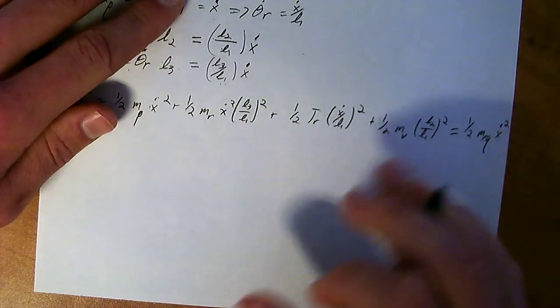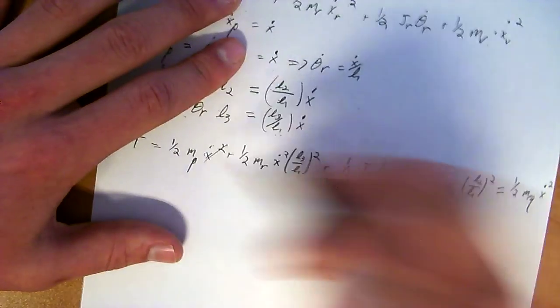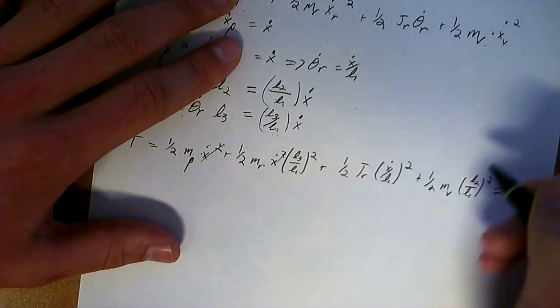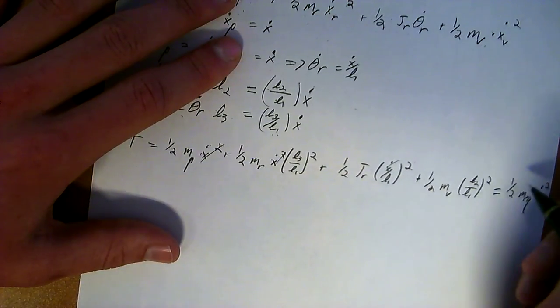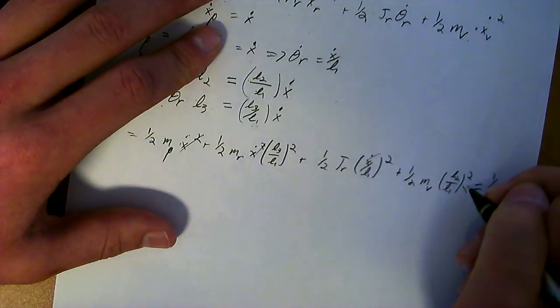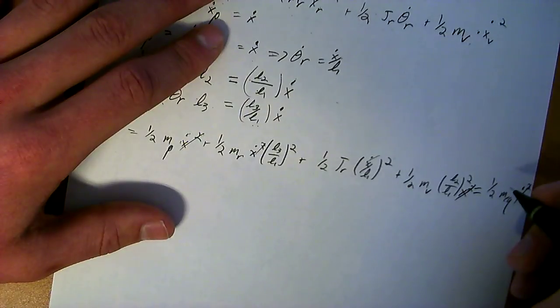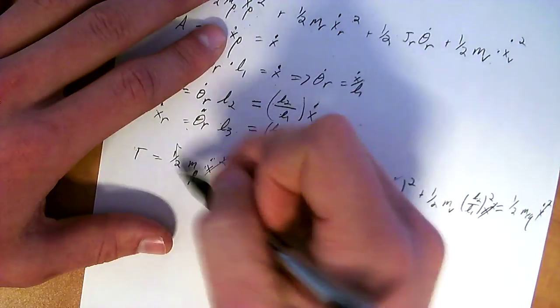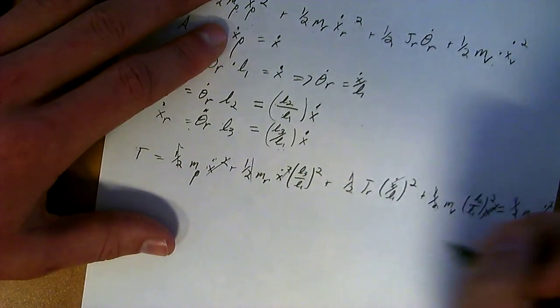Okay, so now we can cancel the x dot squareds. X dot squared, x dot squared. Forgot one x there. There we go. Cancel that, cancel that, cancel that. Also cancel all the 1/2s. And that should pretty much do it.